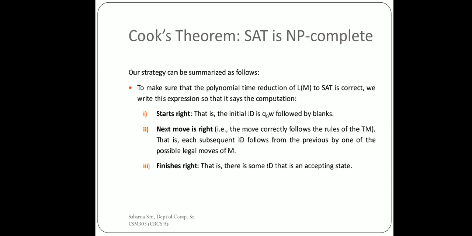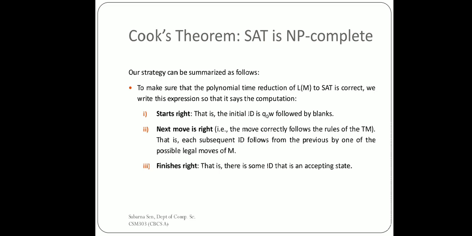Now, next move is right means we are moving, and we will always move to the right side. If we start from the initial state, we will not move to the left, because the left symbols are totally blank and there are no symbols to process there, so we have to move right.